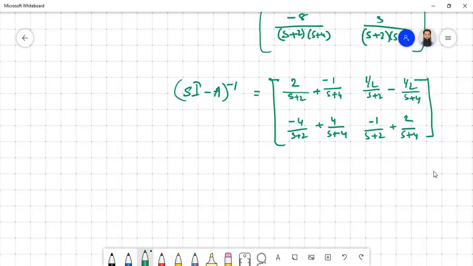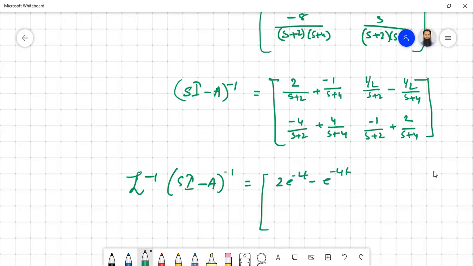Then if we take the inverse Laplace transformation of (sI minus A) inverse, what we are going to see is the same thing as previously: 2 e to the power minus 2t minus e to the power minus 4t, half e to the power minus 2t minus half e to the power minus 4t, then minus 4 e to the power minus 2t plus 4 e to the power minus 4t, minus e to the power minus 2t plus 2 e to the power minus 4t.